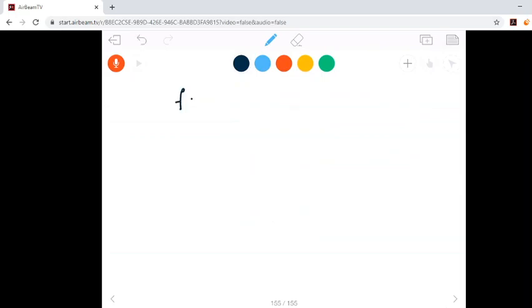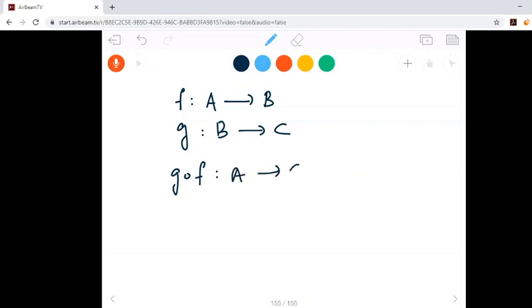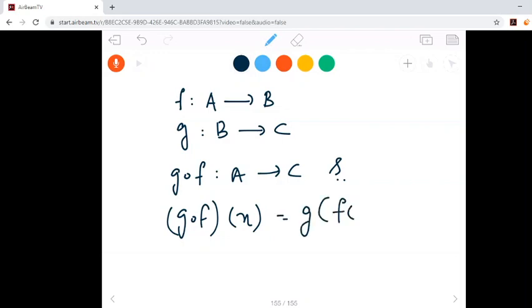Suppose f is a function from A to B and g is a function from B to C. Then we can define a function from A to C such that the function value under this function is equal to g of f of x.